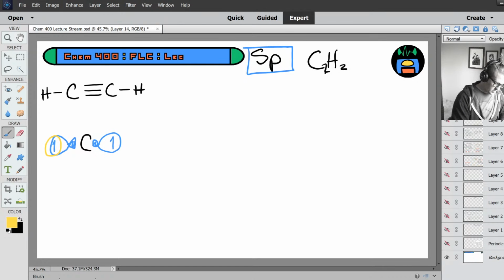We get direct orbital overlap between hydrogen and carbon. That makes the hydrogen-carbon sigma. And then the second sigma bond that this carbon forms is with another carbon atom. So here we get direct orbital overlap between two carbon atoms, making a carbon-carbon sigma bond.